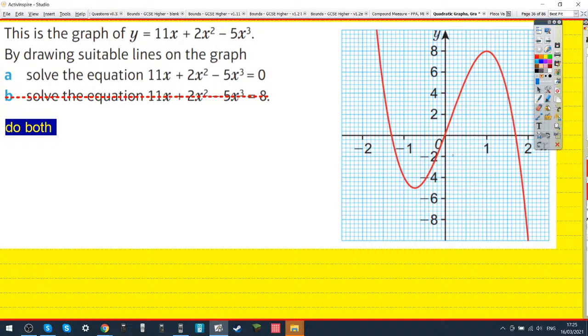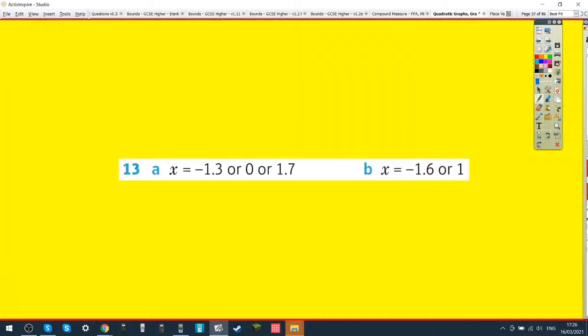Okay, so it is 0, 1.7 and minus 1.4. And then this equals 1.7. Okay, how do we do this? Good.